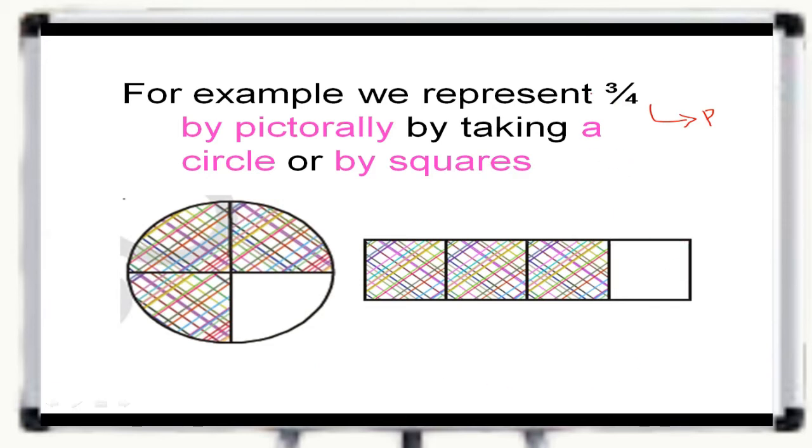The numerator shows the number of parts taken. So the shaded part is 3 parts. We shaded 3 parts here. That means this picture shows the rational number 3 by 4.